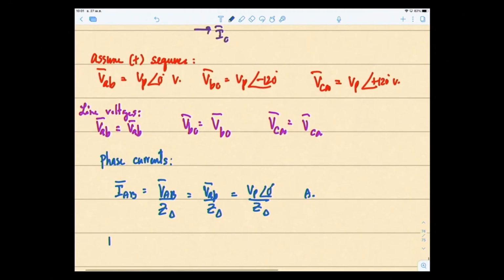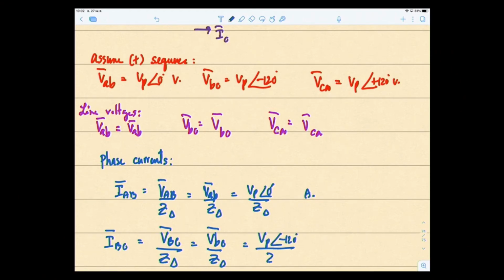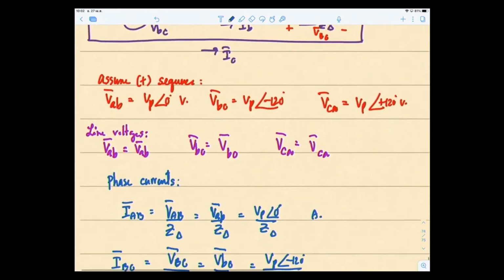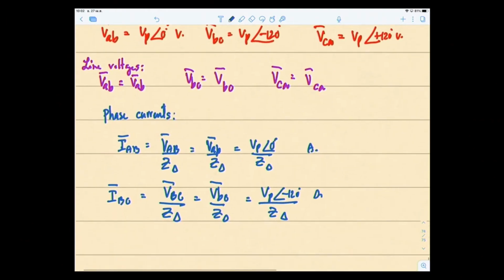Next one, IBC would be VBC over Z delta, so V phase angle minus 120 degrees over Z delta amps, and so on.